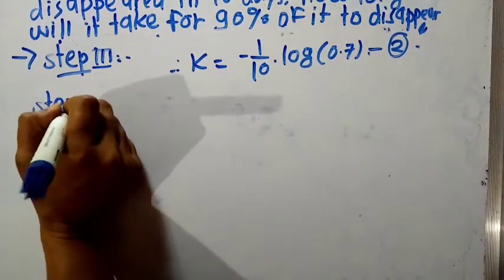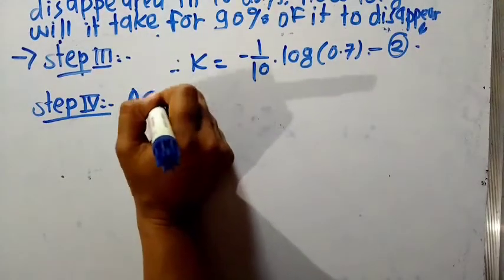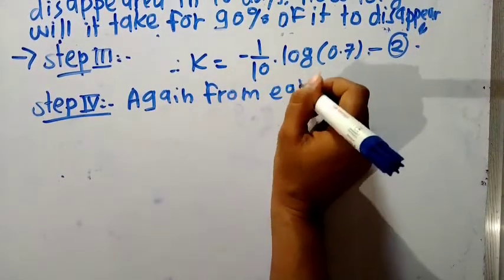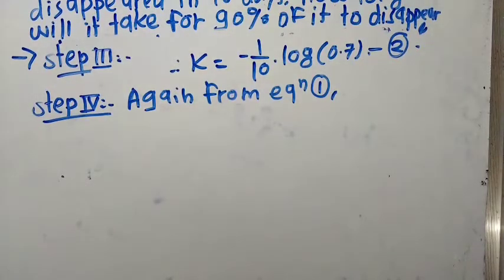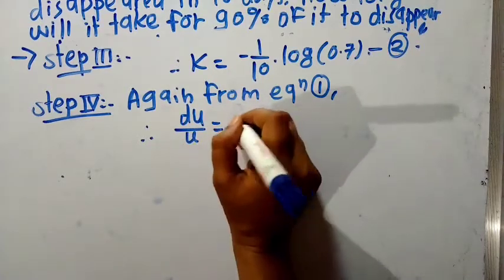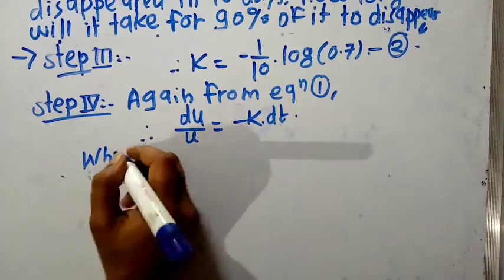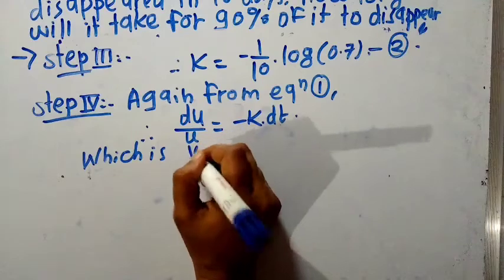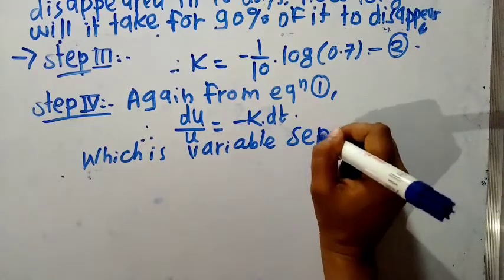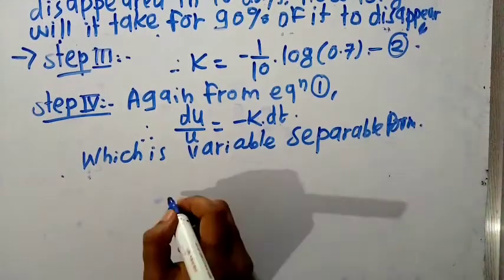Then step 4 is again from equation 1. From equation 1, du by u is equal to minus k into dt, which is variable separable form.